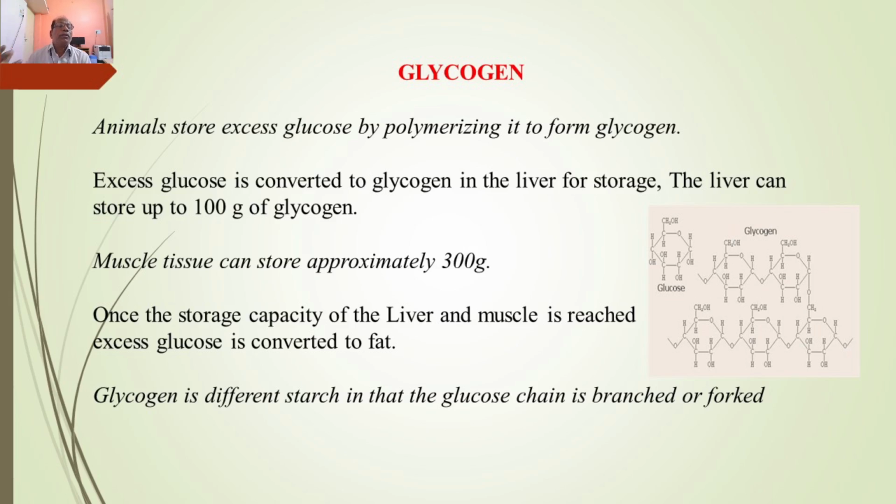So whenever the body needs energy and there is a shortage or scarcity of glucose or glycogen in the body, ultimately the fats are again transformed back into glucose molecules, so as to produce the energy, so as to supply the energy.